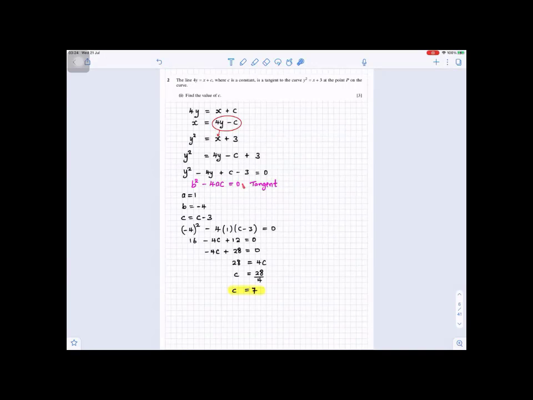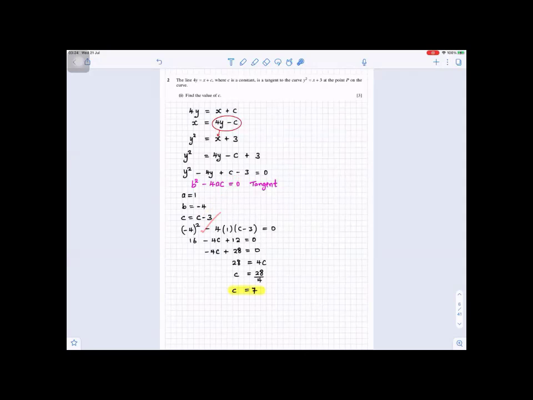For a tangent, we use b squared minus 4ac equals 0. A is 1, the number in front of y squared. B is minus 4. And c is c minus 3.